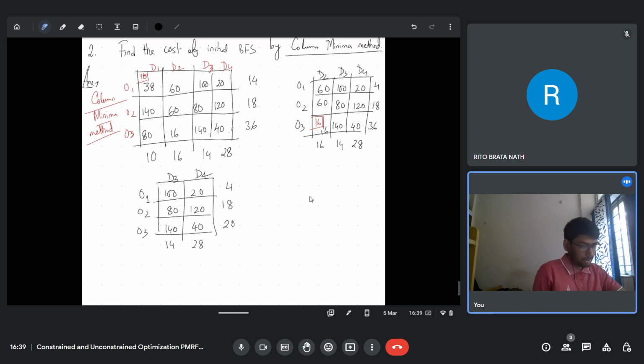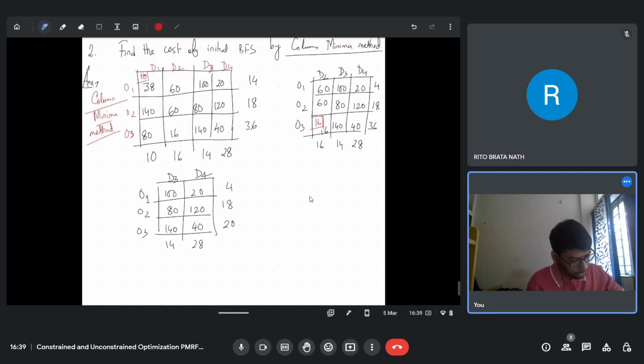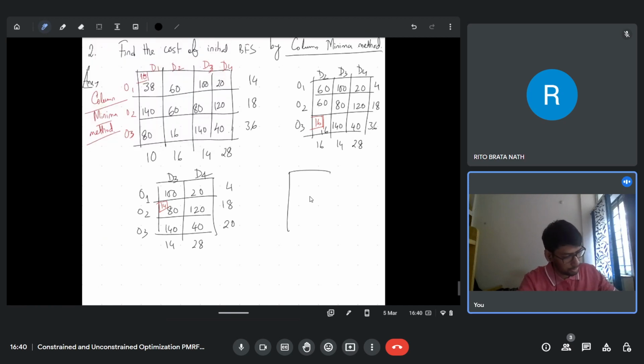Okay, so next, where there is this 80 thing written, here you can allocate 14, and you can delete that column again. So what you're left with now is just a single column, three rows. So 1, 2, 3, D4. So this is 120, 120, 40. This is 28. This is 4, 4, D.